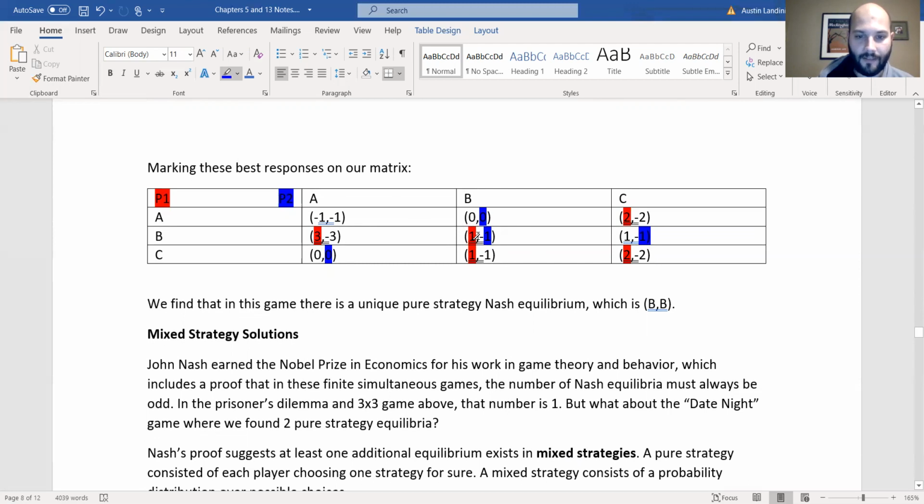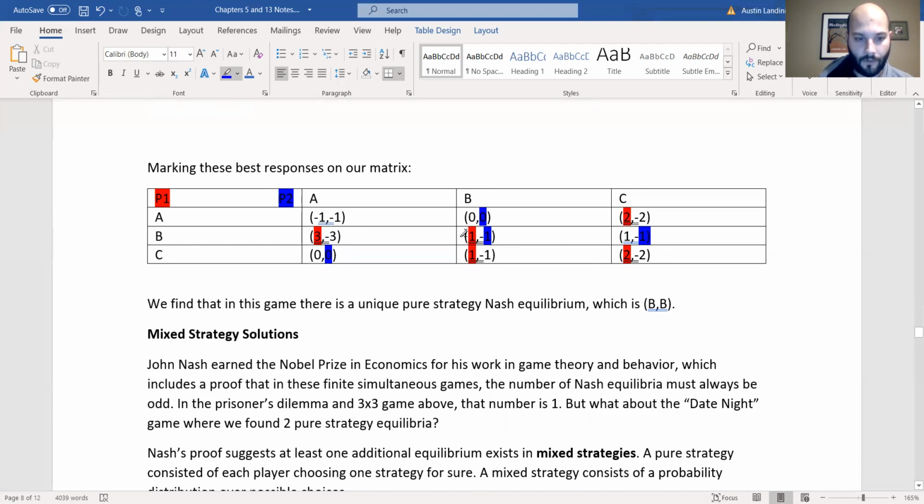And once again, neither player has an incentive to deviate. If player one is choosing B, player two is going to do worse off, -3, or the same, by deviating. And player one is going to do worse off or the same by deviating, so neither has an incentive to change from BB.